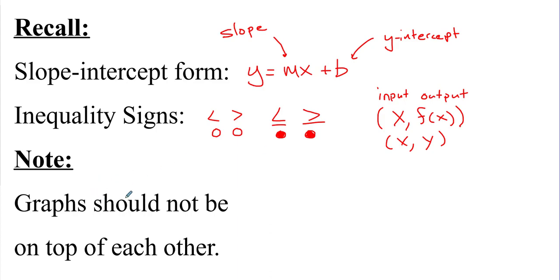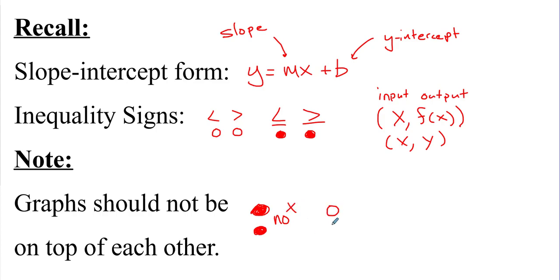And then I got this note here that says graphs should not be on top of each other. You're going to see what this means as we get through some of these. But I want you to draw this little checklist here. What this means is you should not see a solid dot over a solid dot. This is a no. Don't look at that.